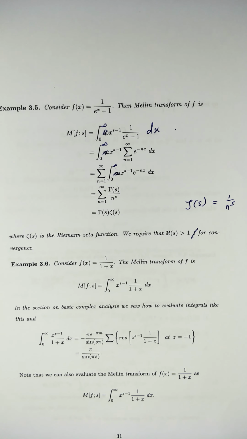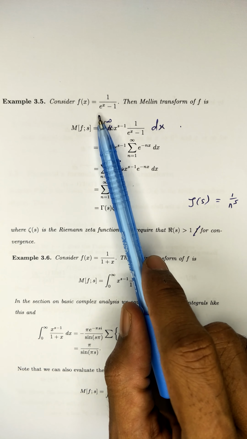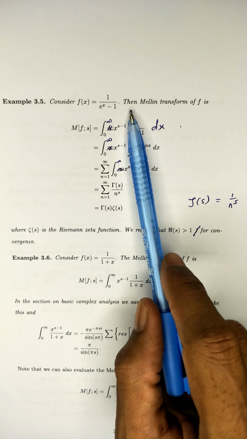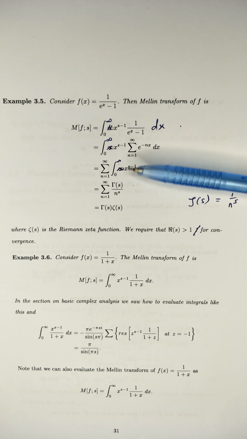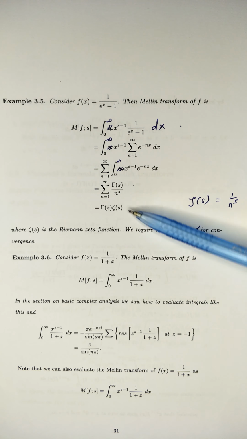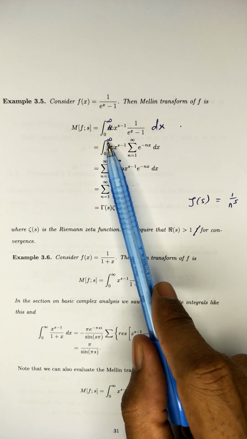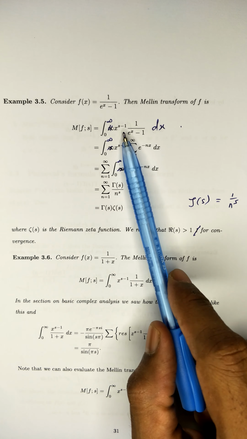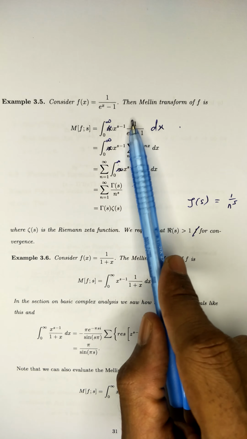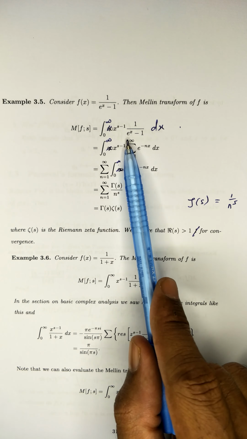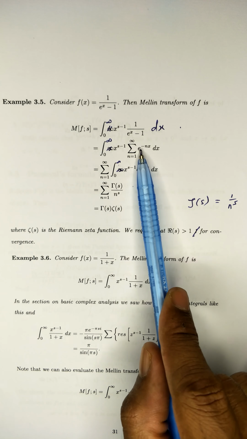And next example. So if you consider f(x) as 1 over e^x minus 1, then the Mellin transform of f is given by this thing. Again, this is not difficult to follow. You just write everything out step by step. You can see that this is the integral from 0 to infinity of x^(s-1) times 1 over e^x minus 1 dx, so this is our function. Then 1 over e^x minus 1 is the expansion of those series.